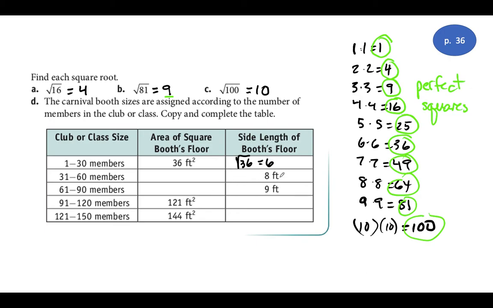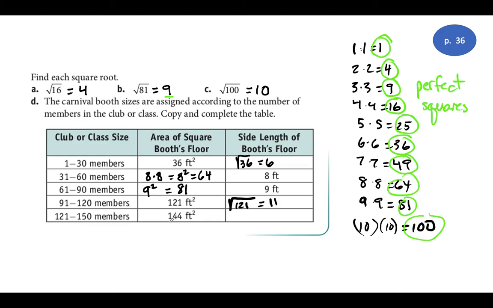If the side length of the booth is 8, to find the area, we have to multiply 8 times 8, or find 8 squared, which is 64. Here the side length is 9 feet, so we need 9 squared, which is 81, to get the area. Now we have the area is 121 square feet. Well, the side length is going to be the square root of 121, which is 11.